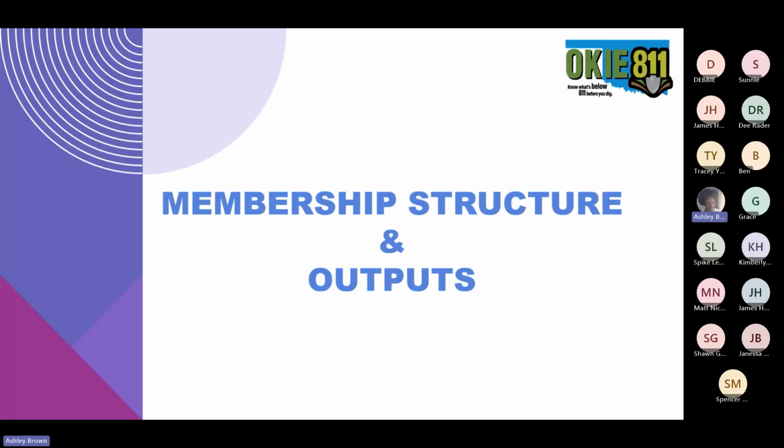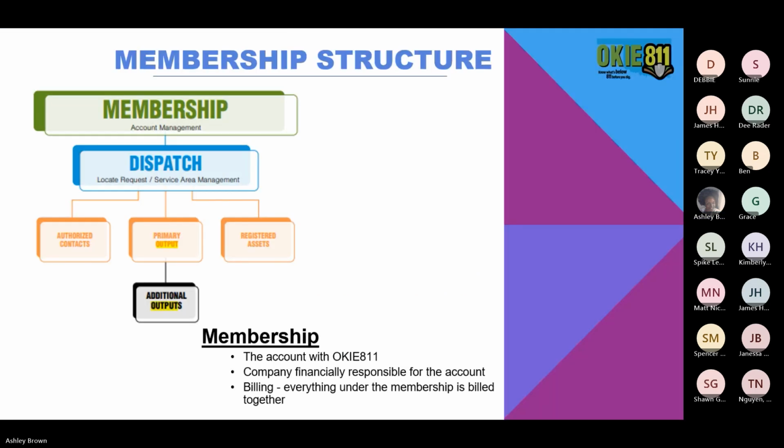Before we dive into what ticket transmission options are available, we do need to review the structure of an Oki 811 membership and clarify what an output is. Each Oki 811 membership has two different levels: your membership level and your dispatch level.